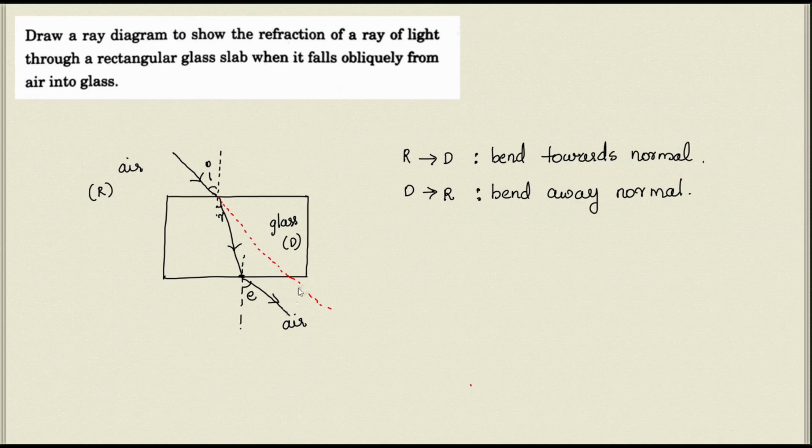The emergent ray is going in a different path, isn't it? So this difference between the actual path and the emergent ray is called our lateral displacement. So it is better to mark this lateral displacement also in your figure. This is how you represent the refraction of a light ray through a rectangular glass slab.